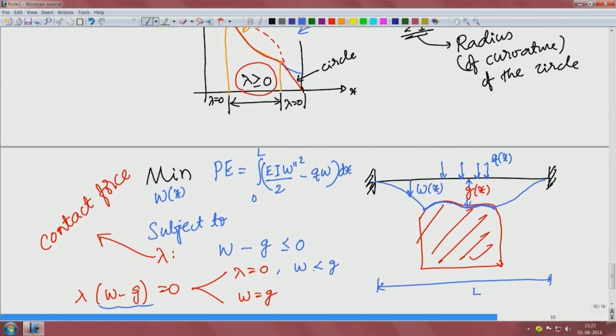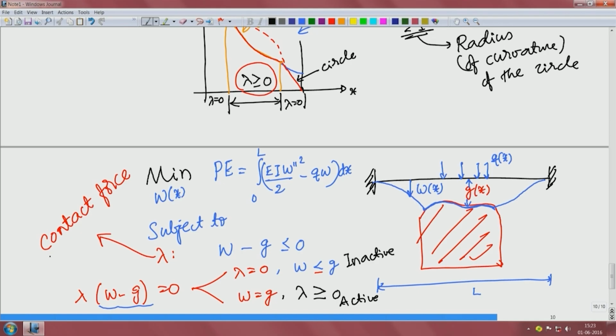It can also be 0 in some special cases which you do not need to worry about right now. When W equal to G, this is already satisfied, then lambda is greater than or equal to 0. In this case the constraint is active, whereas in the other case it is inactive.